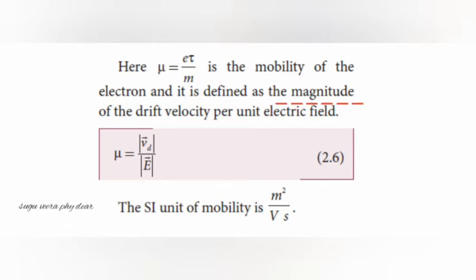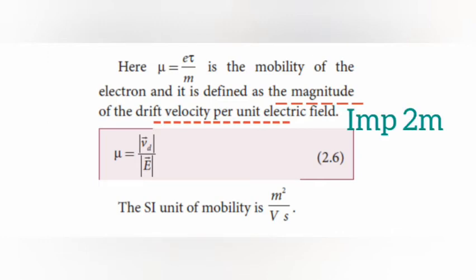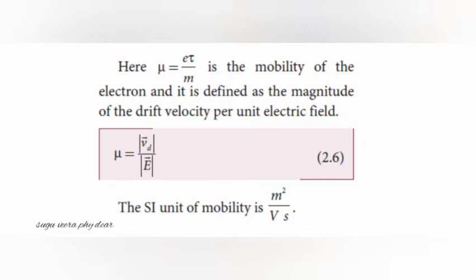Here mu = e tau divided by m is the mobility of the electron, defined as the magnitude of drift velocity per unit electric field. Mu = Vd divided by E.